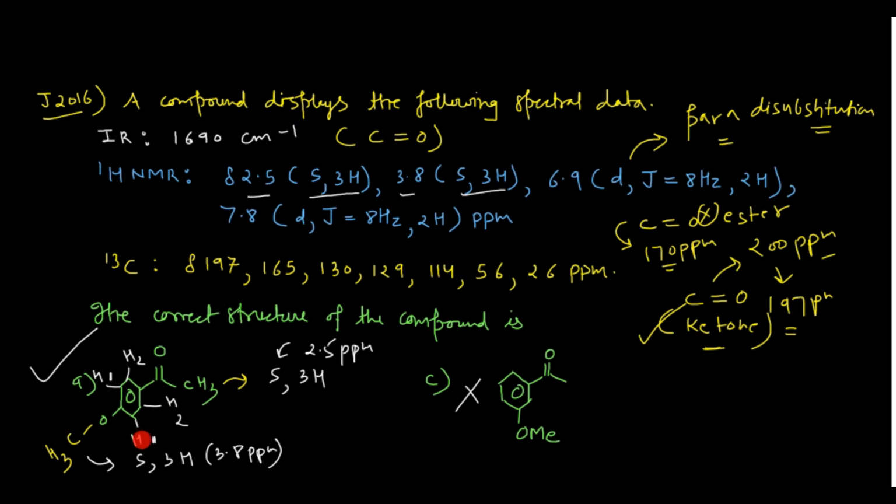But remember, this doublet is due to this hydrogen and this doublet is due to this hydrogen. Since these two are the same kind, they will appear at the same chemical shift. Now you have to decide which one is which.